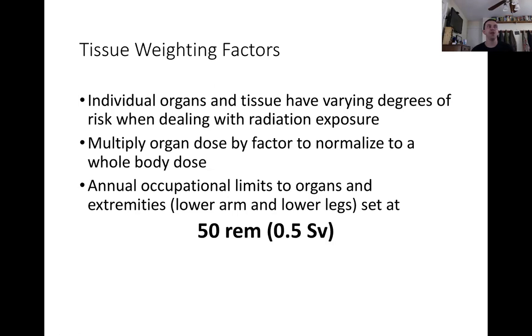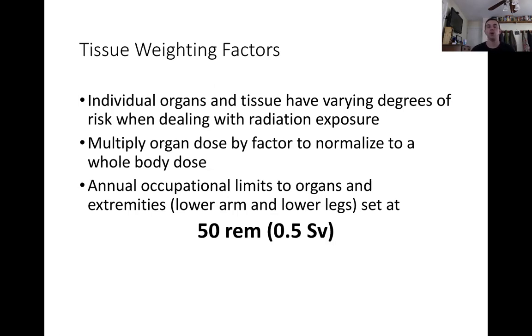So a tissue that is very radiosensitive, that is more likely to develop cancer, would have a high tissue weighting factor. So if you have a patient that receives a radiopharmaceutical, you have a good idea of where that goes, how much dose per activity goes to these organs.